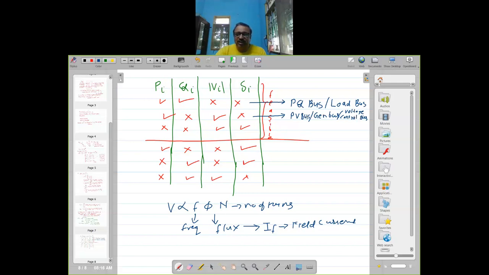So these are another bus, and this is the third kind of bus where what we know is voltage magnitude and voltage angle, and P_i and Q_i are unknown. This is called the reference bus or slack bus.